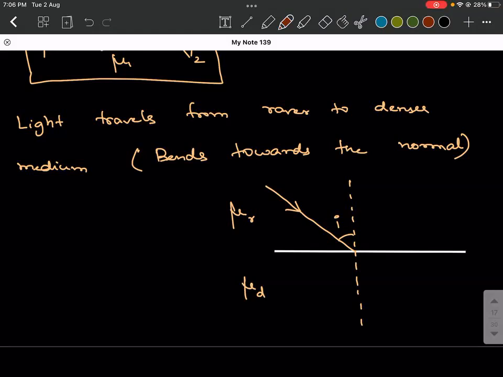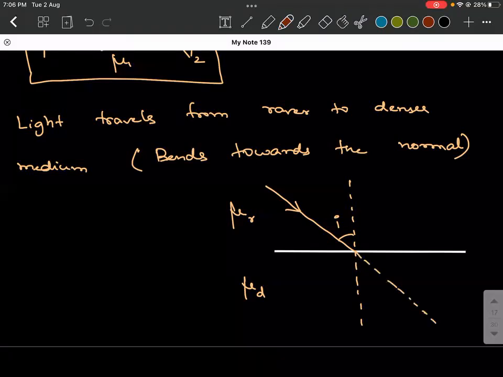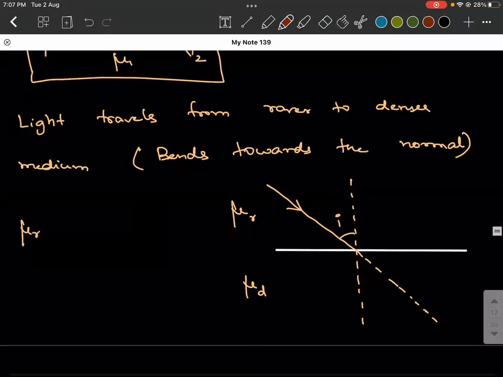So if I say the above medium is mu r and the below medium is mu d, and the incident ray is obviously in the rarer medium. If this boundary was not there, the ray would have traveled in the actual path like this, right? So I apply Snell's law like this. I don't write sin i by sin r is equal to mu 2 by mu 1.